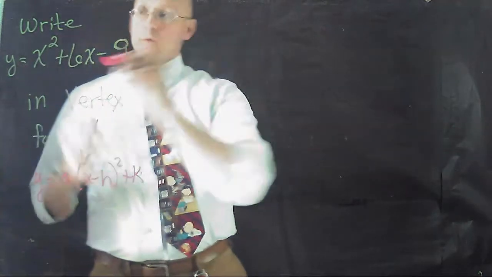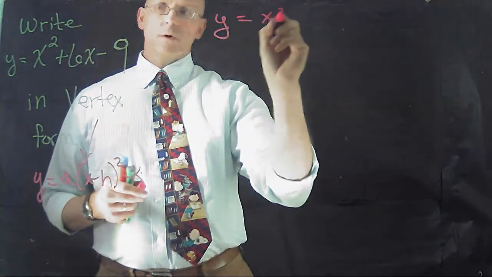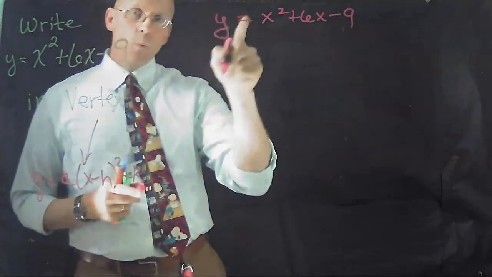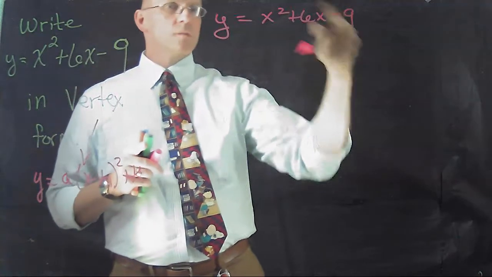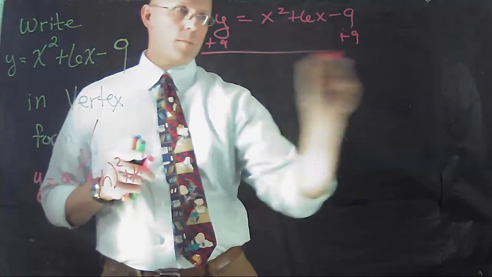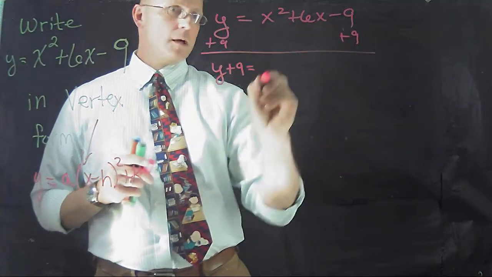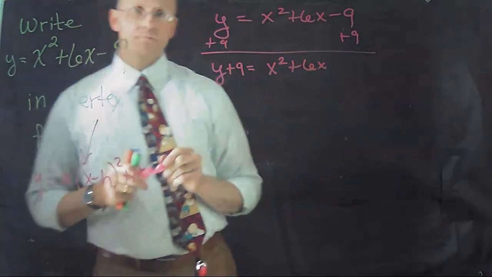So I'm going to rewrite this over here. y equals x squared plus 6x minus 9. Step 1, I'm going to do it this way to start. Step 1, move the constant term to the other side. So I get y plus 9 equals x squared plus 6x.